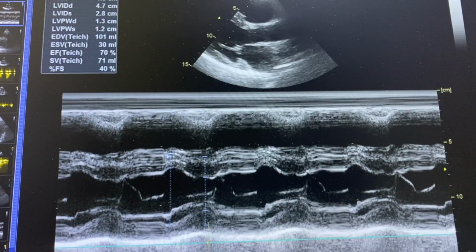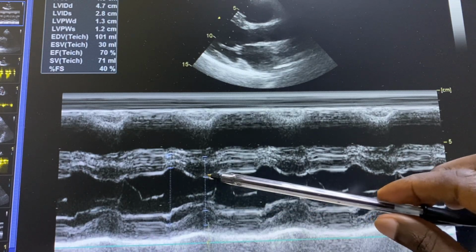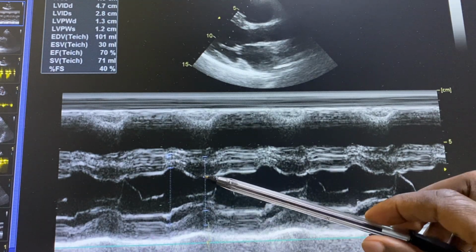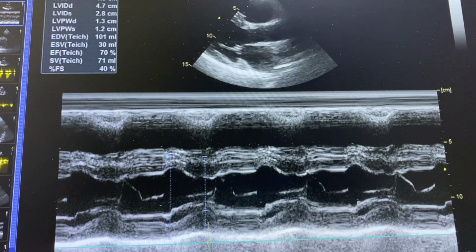So we are not going to use the leading edge to leading edge method as we did for the aorta and LA, whose walls are so thin that you can make an error in measurement. So here we are going to use inner edge to inner edge, or trailing edge to leading edge. That's what we are going to use, trailing edge to leading edge.